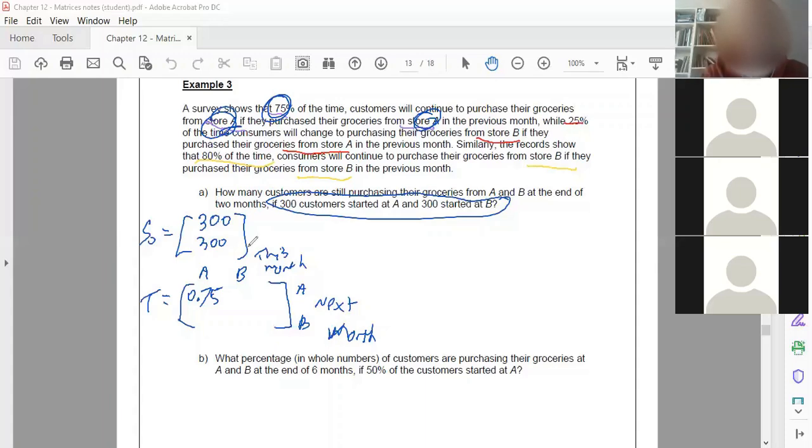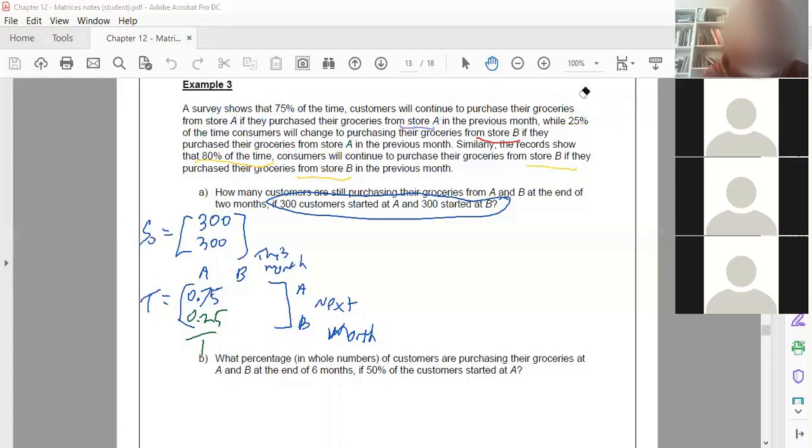The next part says 25% of the time the customers will change to purchasing their groceries from store B if they purchased their groceries from store A. So they're going to change to store B if they went to store A first. So store A this month, store B next month, 25%. And you can see it adds up to 1. That is what we wanted.